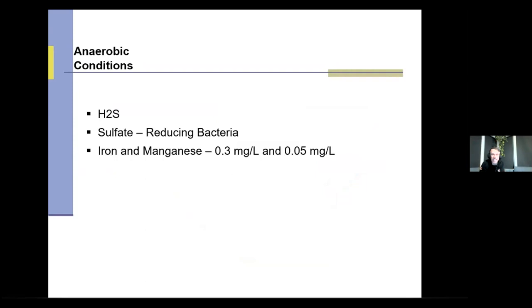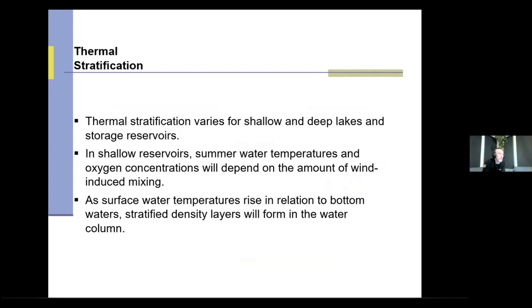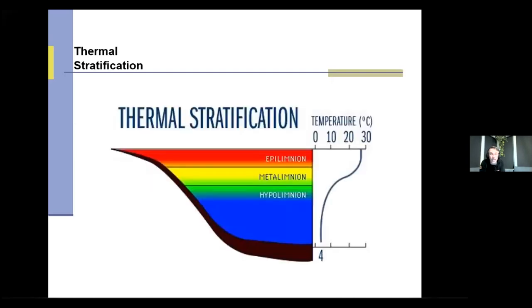You can have all these nasty things in this turnover. That's what it is. All these layers start to mix. If they stay apart like this, we're doing okay. But as temperature changes, that's a problem. Wind too, right? If you get a cold wind and this all of a sudden starts to cool off, these layers can start to mix up a little bit.